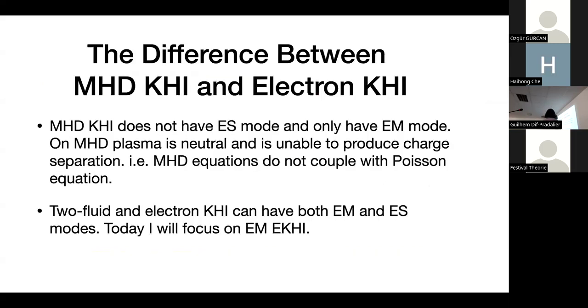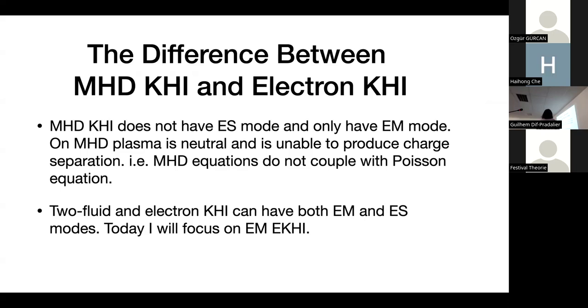So now, let's see what the difference is between the MHD instability and the electron instability before we do any derivation and theoretical study. MHD instability does not have ES mode and only has EM mode. This is because MHD plasma is neutral and unable to produce charge separation.